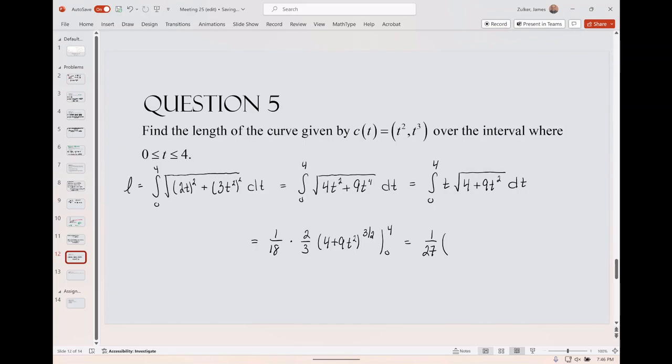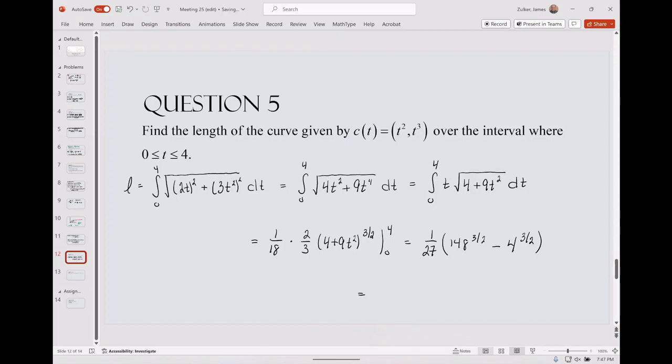All right, when t is 4, 9 times 16. Too lazy to do that in my head. 4 plus 9 times 16 is 148. That's 148 to the 3/2 minus 4 to the 3/2. What's the square root of 148?